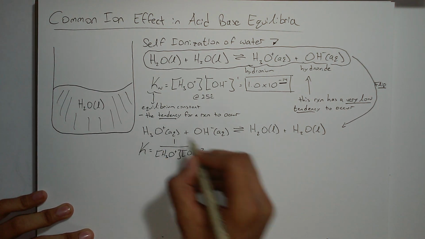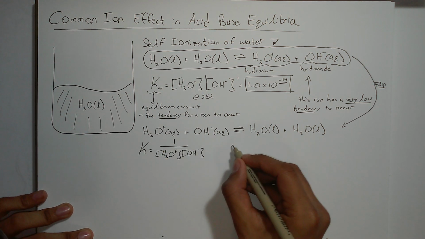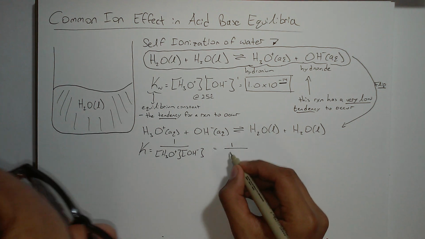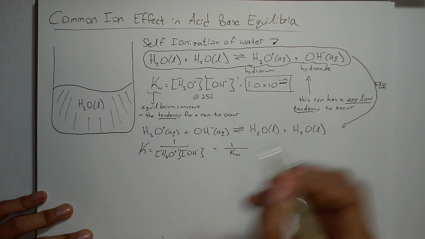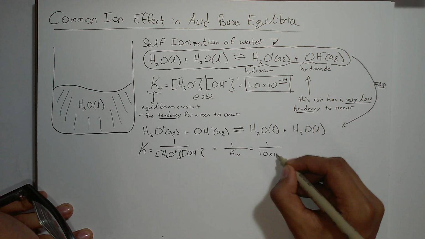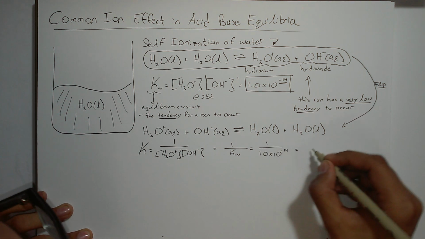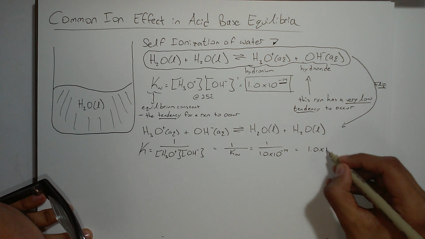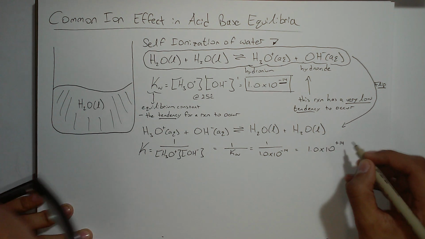So the K for this expression would be equal to 1 over Kw. Now again, we know that Kw is 1.0 times 10 to the negative 14, and that equals 1.0 times 10 to the positive 14.